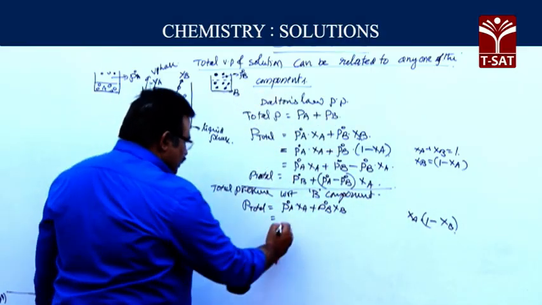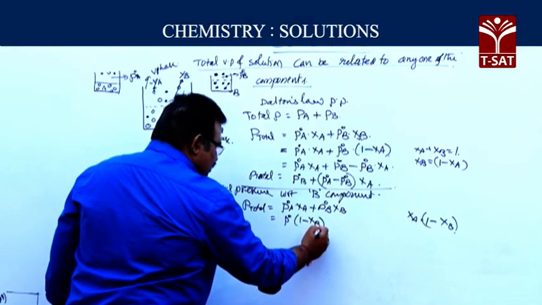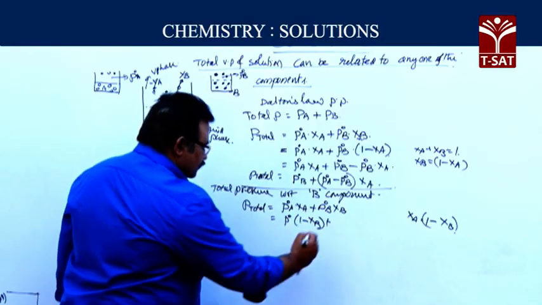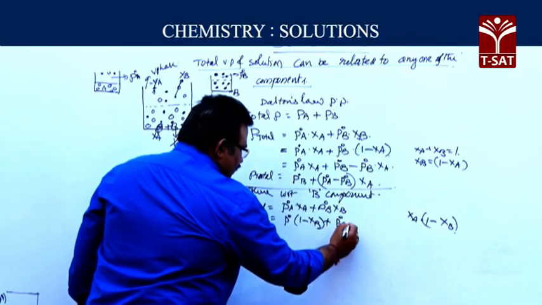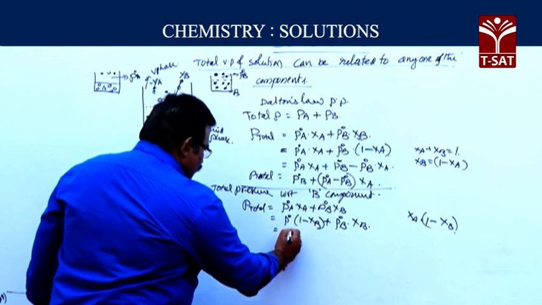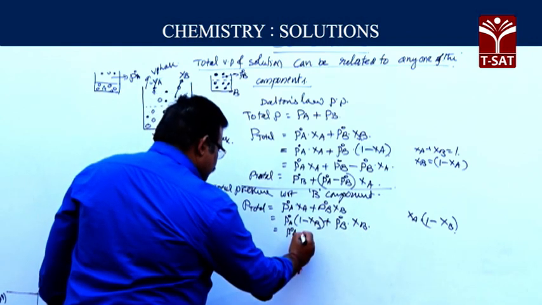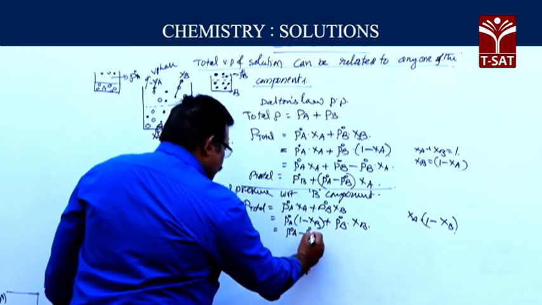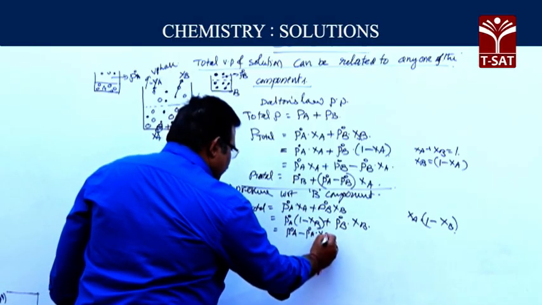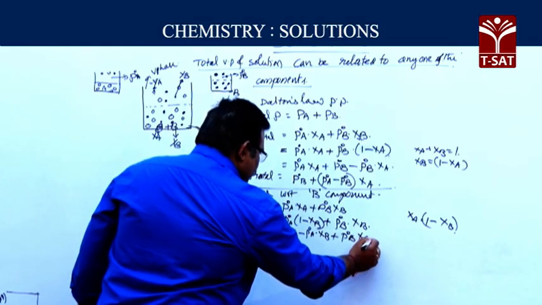So, P total is equal to P0A into 1 minus XB plus P0B into XB. We can write P0A minus P0A into XB plus P0B into XB.